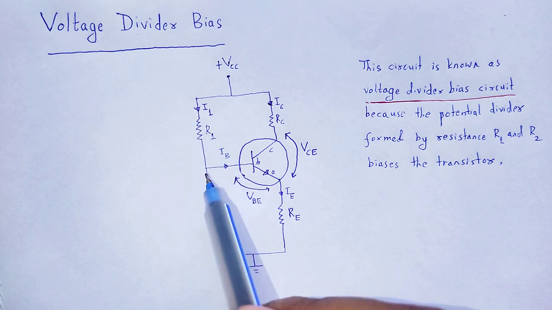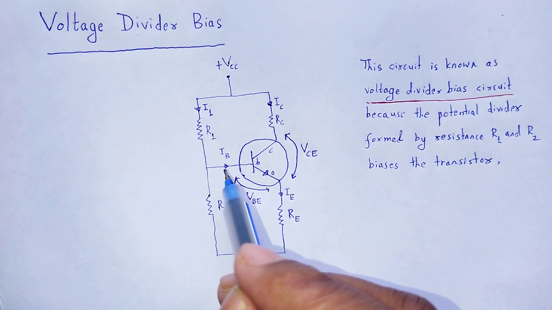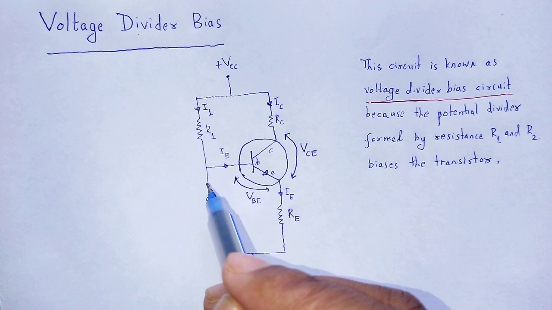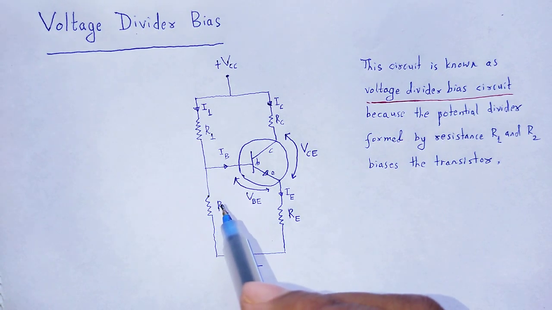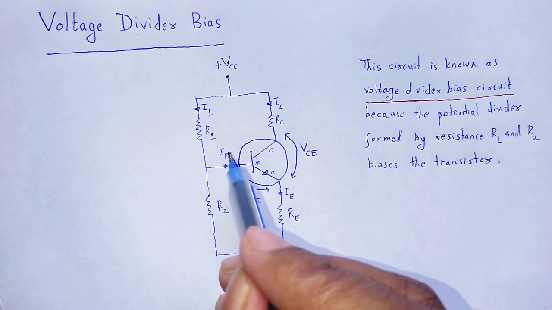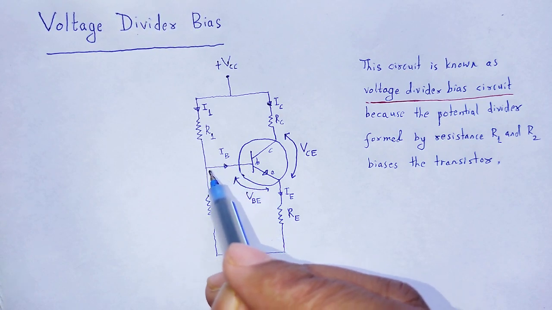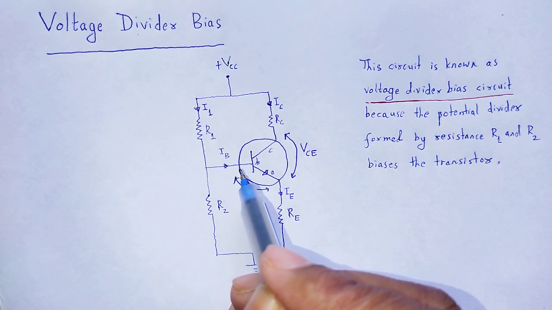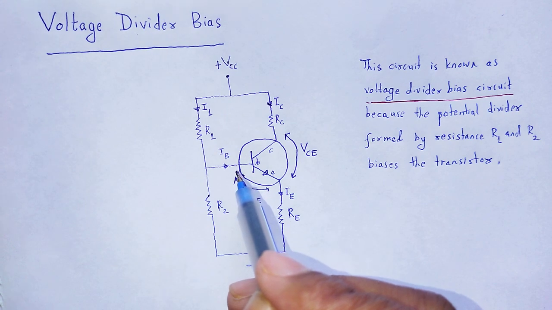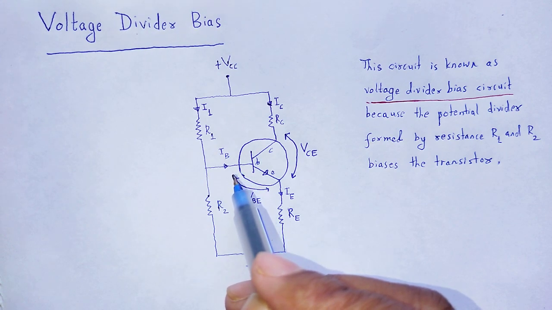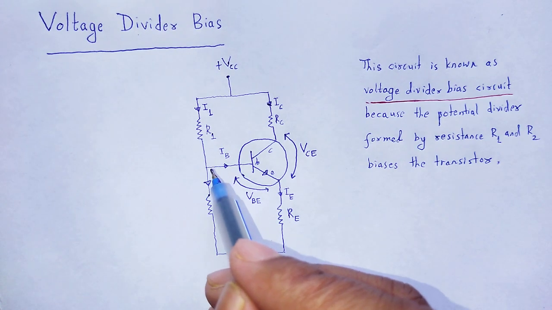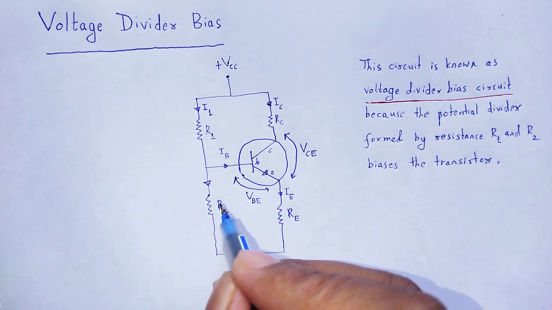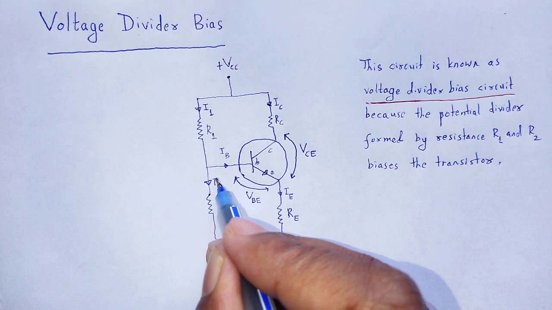So, that current some along base and some along R2, and the current flowing along to that of base is very small. As we say that current also along that of R2 is I1.